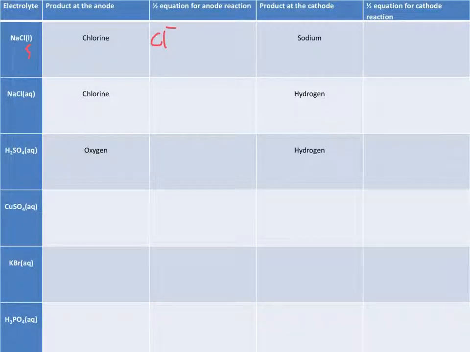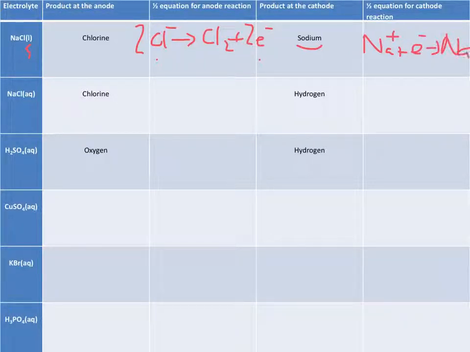It's a molten electrolyte. So the chloride will form chlorine and kick out 2 electrons. Notice the negatives are balanced on each side, and there are no hydrogen ions present, so it must form sodium. So sodium plus an electron goes to form sodium.